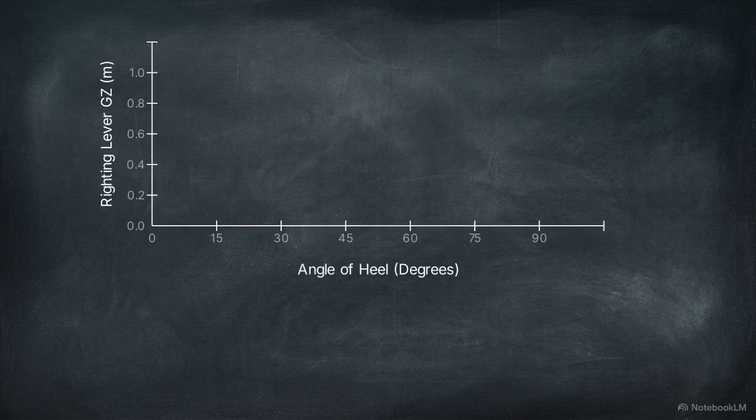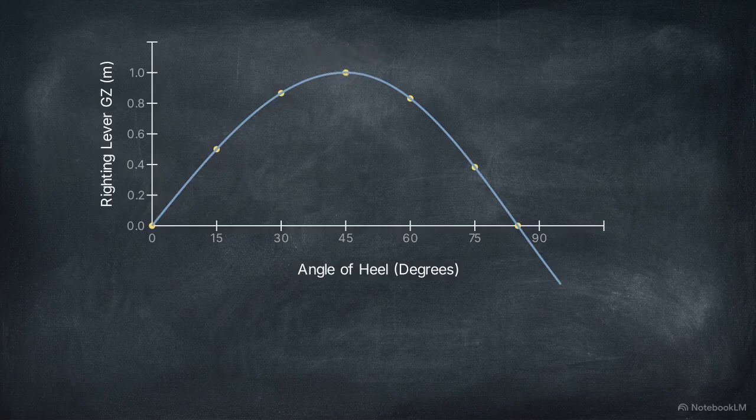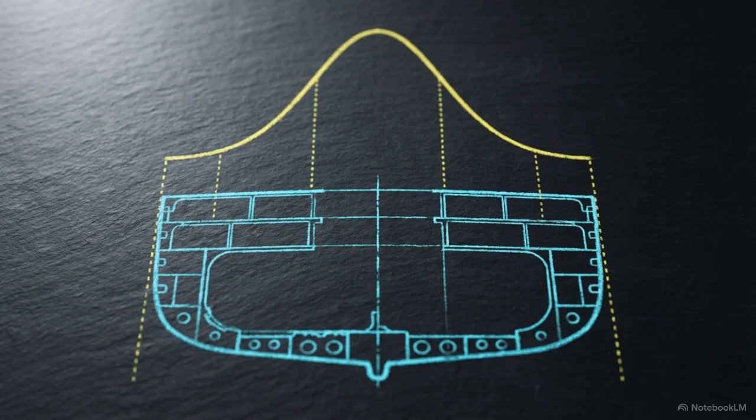Plotting these points on a graph reveals a specific diagnostic profile. Connecting them creates the curve of statical stability, visualizing the forces fighting to keep the ship upright. The curve's height shows how restoring force grows, peaks, and declines as tilt increases. This curve represents the vessel's operational boundary, a complete map of its resistance to capsizing.